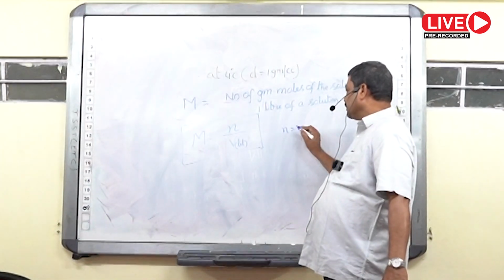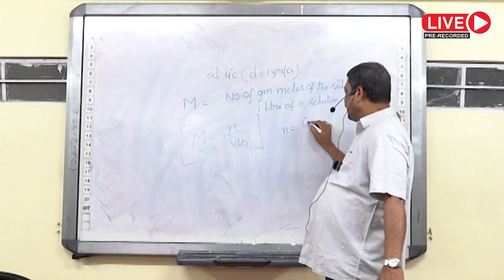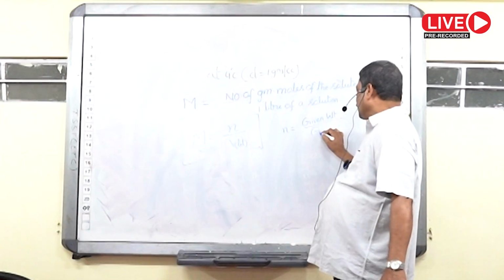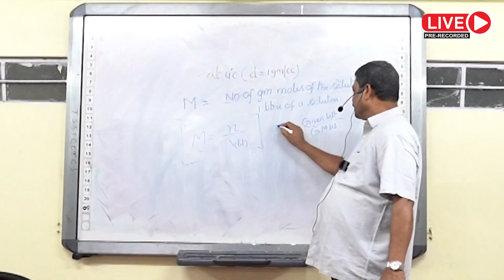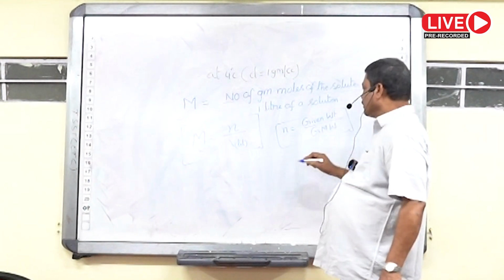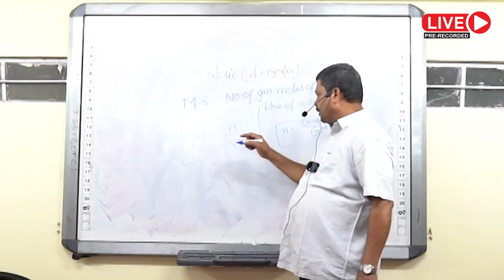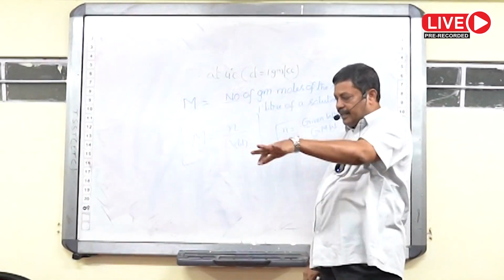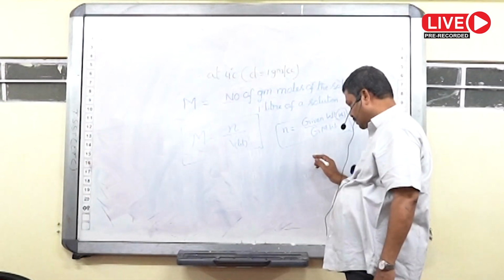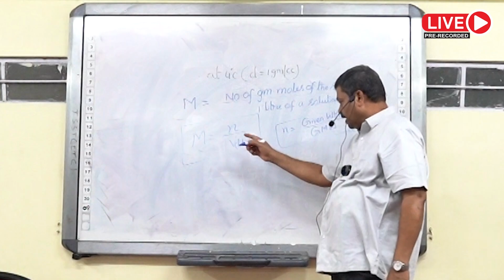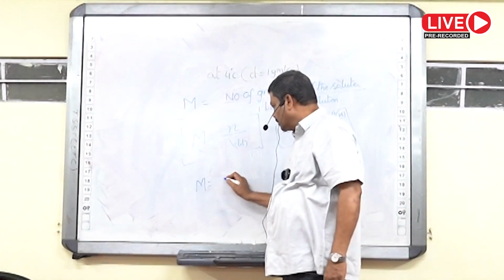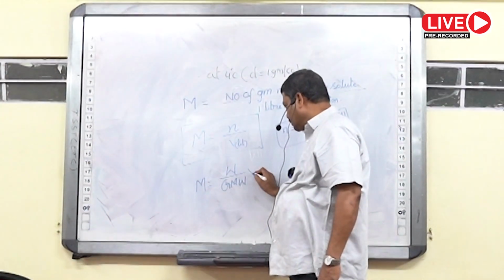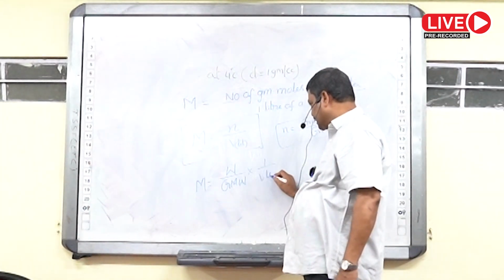What is N? Given weight by gram molecular weight. Let us say given weight is W, so N is W by gram molecular weight. So here I can substitute M is equal to W by GMW into 1 by V liters.